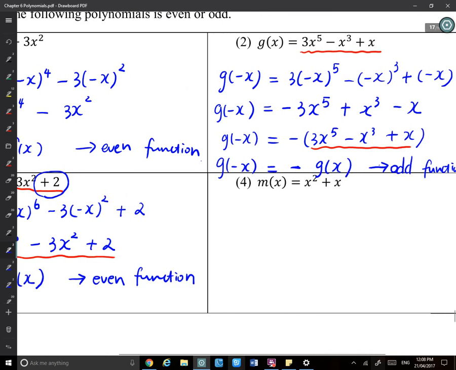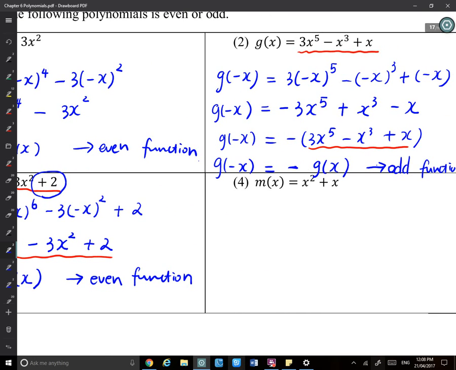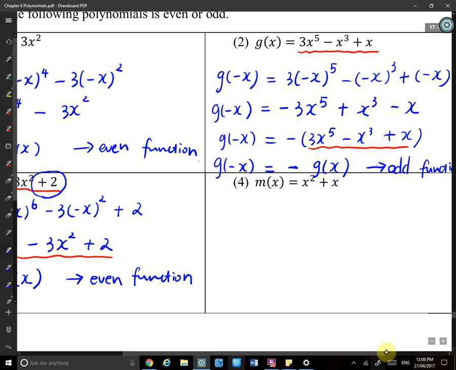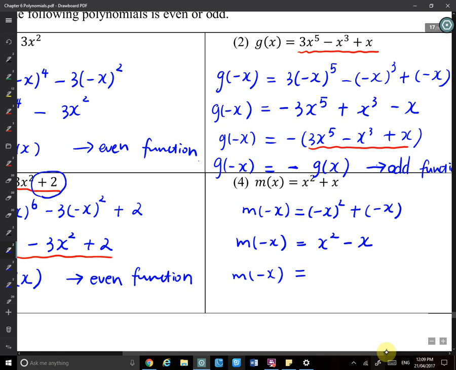Have a look at number 4. m(-x) will equal negative x squared plus negative x. m(-x) equals x squared minus x. m(-x) equals negative bracket negative x squared plus x.